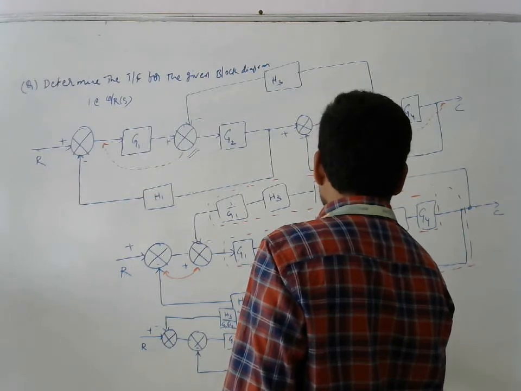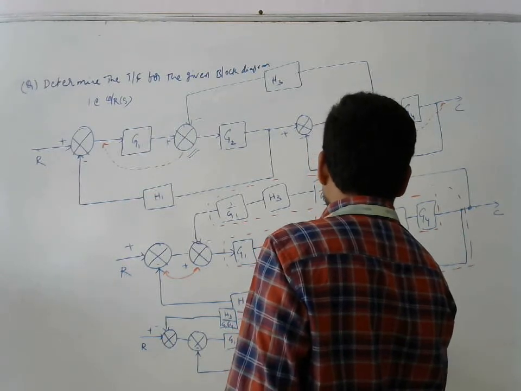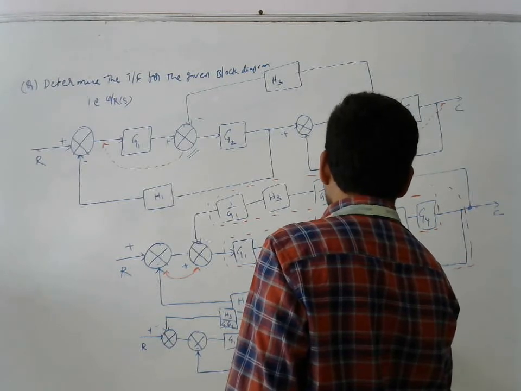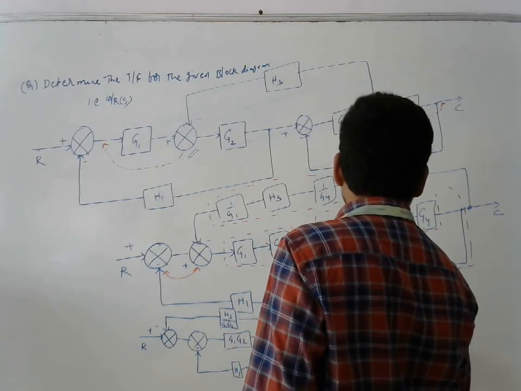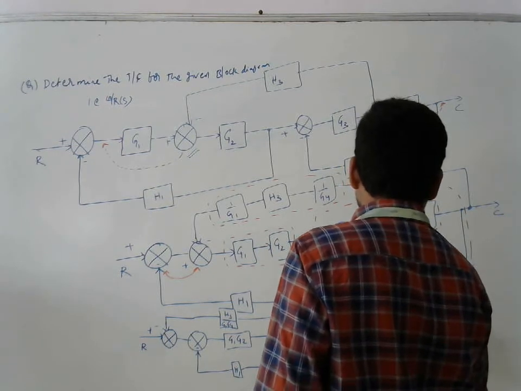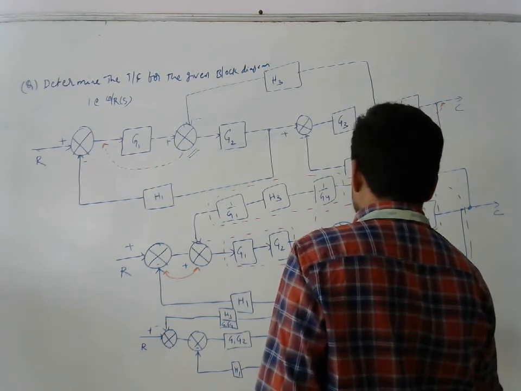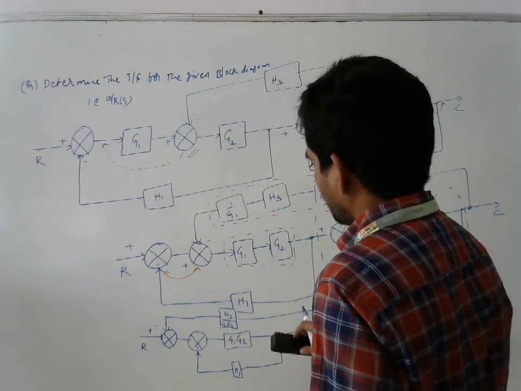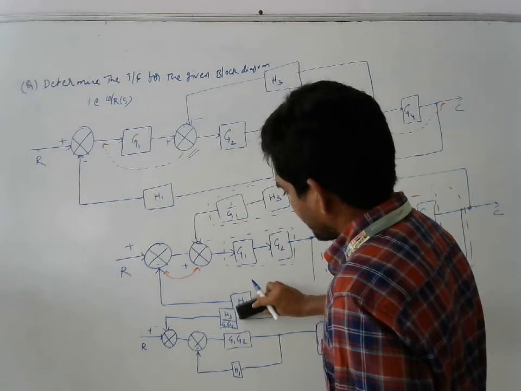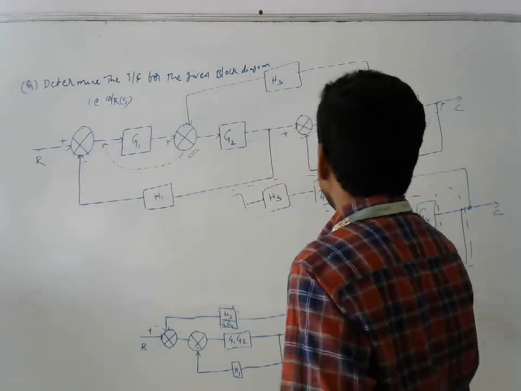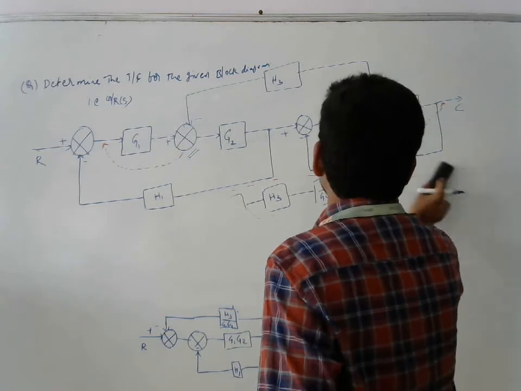That means G3, G4 divided by 1 plus H2, G3, G4. Again, it will connect to this particular point and the output C. See, this is how it becomes from this part to this part. See, this is the diagram. This is the final next diagram that we got.